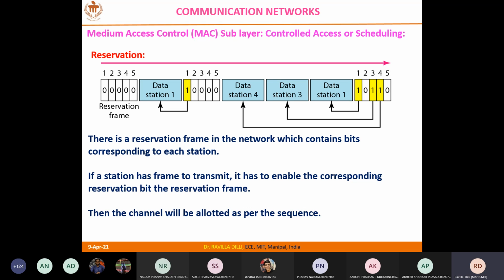So now the channel is allocated to station 1, and it is allowed to transmit. In the next attempt, nodes 1, 3, and 4 have enabled their bits, and the channel is allocated accordingly. Whoever enabled their bits, in that same sequence, the channel is allocated to them. Is there any chance of collision here?